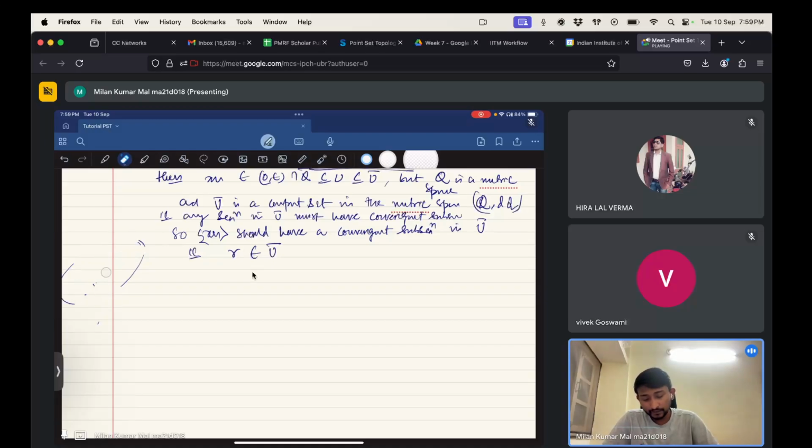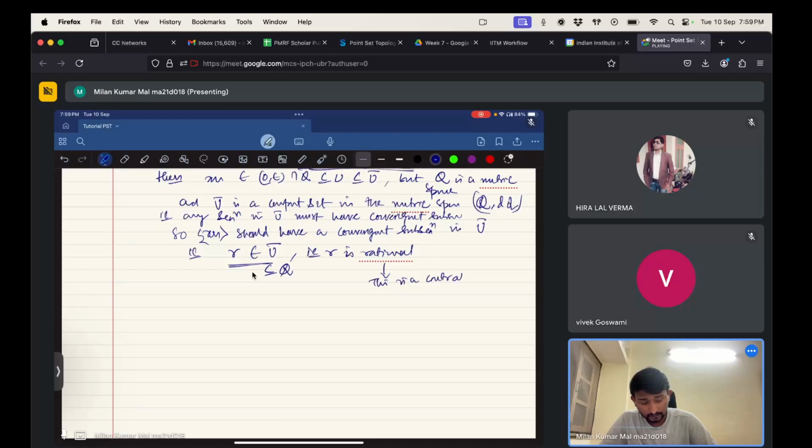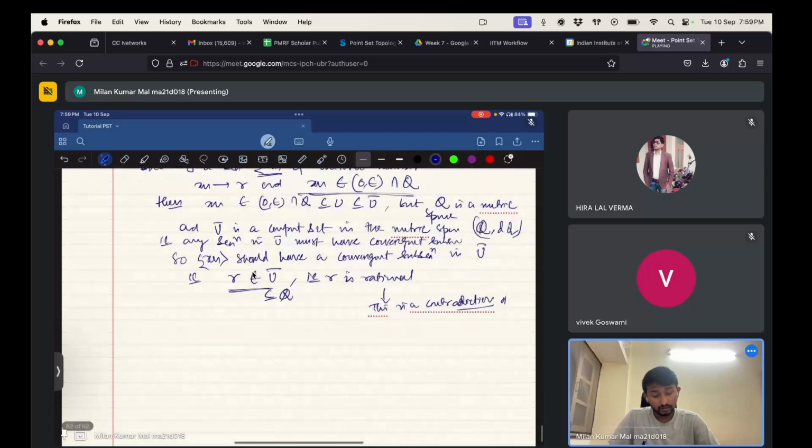So if xn converges in U closure, it should converge to R. That means R is sitting inside U closure, which is a subset of Q, so R is rational. That is a contradiction. If it is clear, then okay; if you have any doubt, please ask.